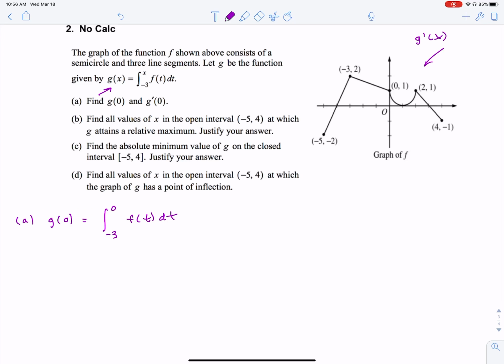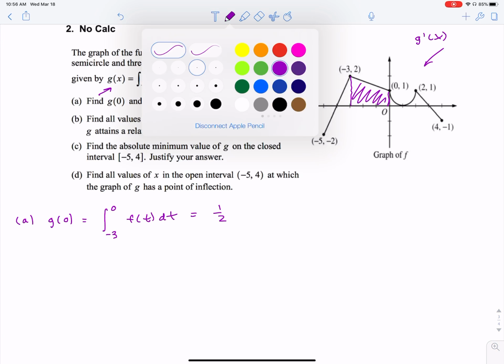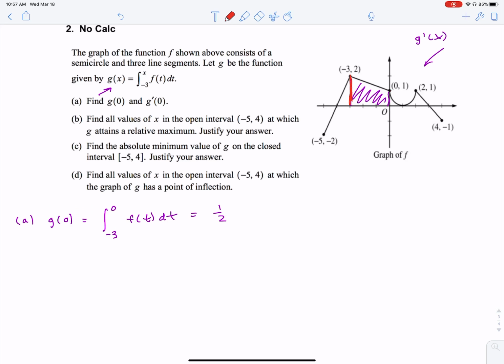So we're looking at the area of that purple trapezoid, which is 1/2 the average of the bases times the height. Base 1 would be this, base 2 would be that, and the height would be that. So it's 1/2 times (2 plus 1) times the height, which is 3. So this is 9/2.